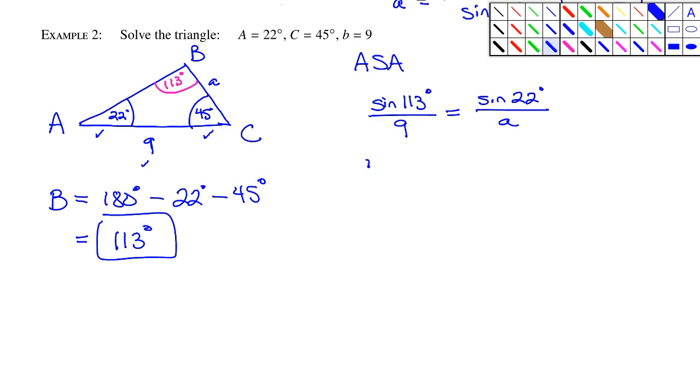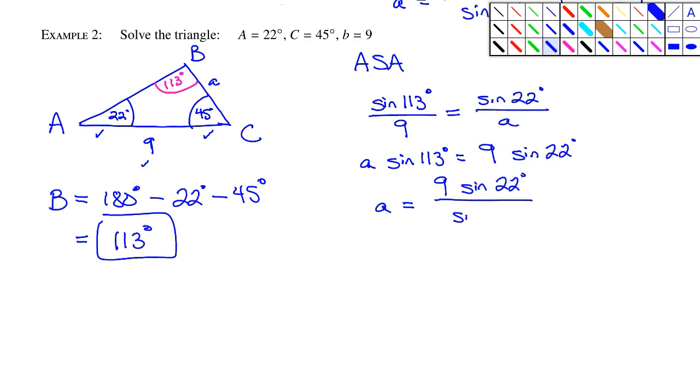Cross multiply, and we get a times the sine of 113 degrees is equal to 9 times the sine of 22 degrees. Divide both sides by the sine of 113. We get 9 sine of 22 degrees divided by the sine of 113 degrees. And when you work that out, you get 3.66.